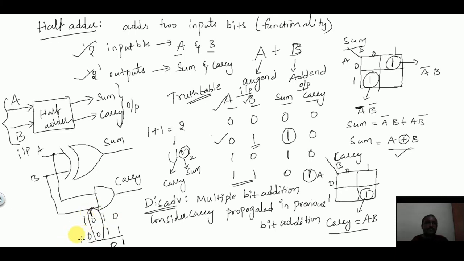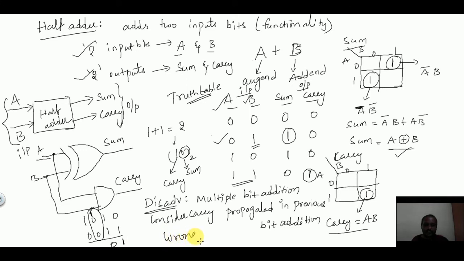This is not possible by using the half adder circuit. In multiple bit addition, it cannot consider the carry propagated in previous bit addition, because there is no availability of a third input in the case of half adder. So the result of this addition will be wrong.